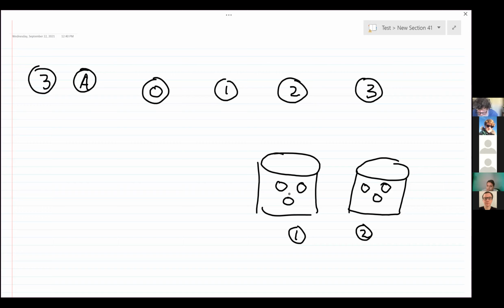The number of red balls in container 1 is the new state. Okay. Now let me get the diagram so you can at least get some idea of this. So let's suppose we're at state 0. Well, let's see.